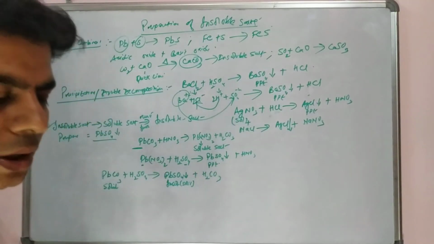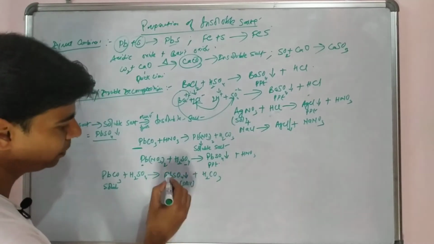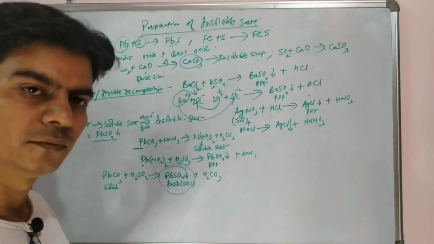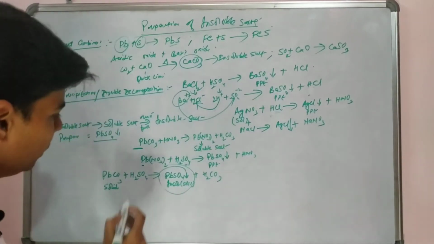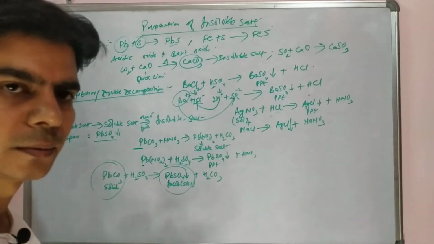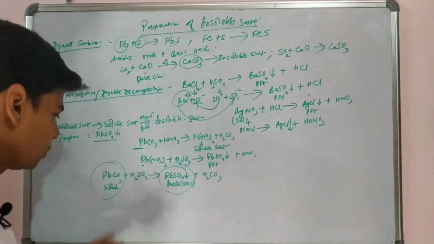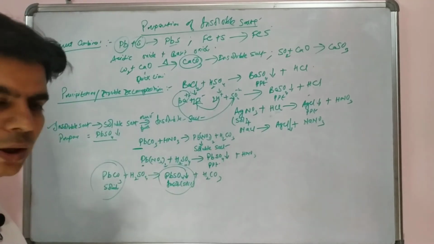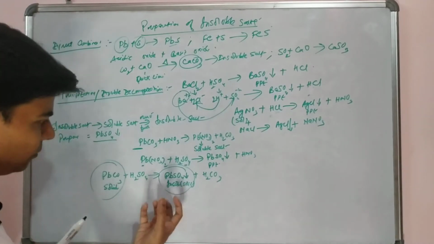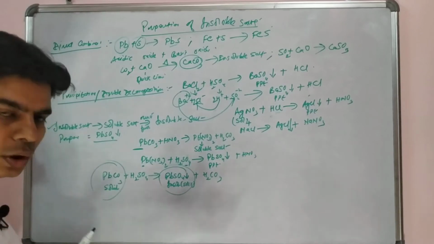Initially this reaction will take place, and the insoluble lead sulfate that gets formed in the reaction will deposit on this solid lead carbonate. When this solid salt deposits on the solid lead carbonate, the reaction will stop, because the lead sulfate will form a crust on the solid lead carbonate.